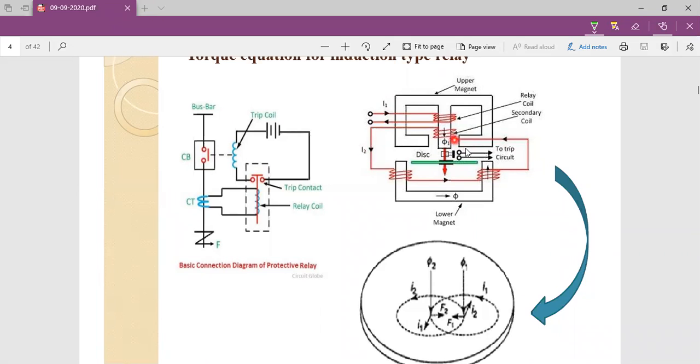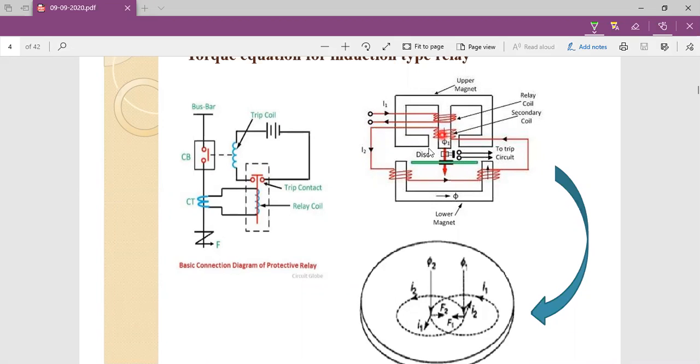One more important thing: the primary winding and secondary winding have different resistance and reactance values, so we need to keep it like that. That is why we can get two currents with a phase difference.